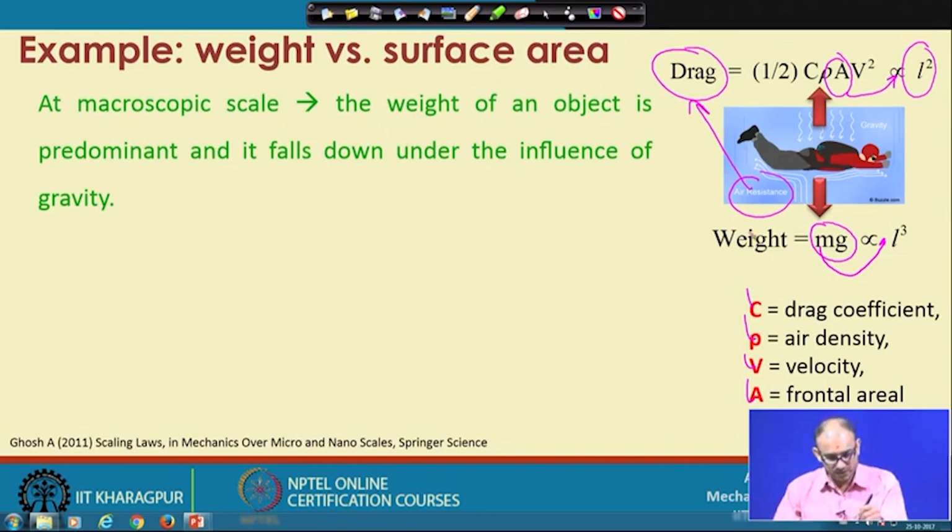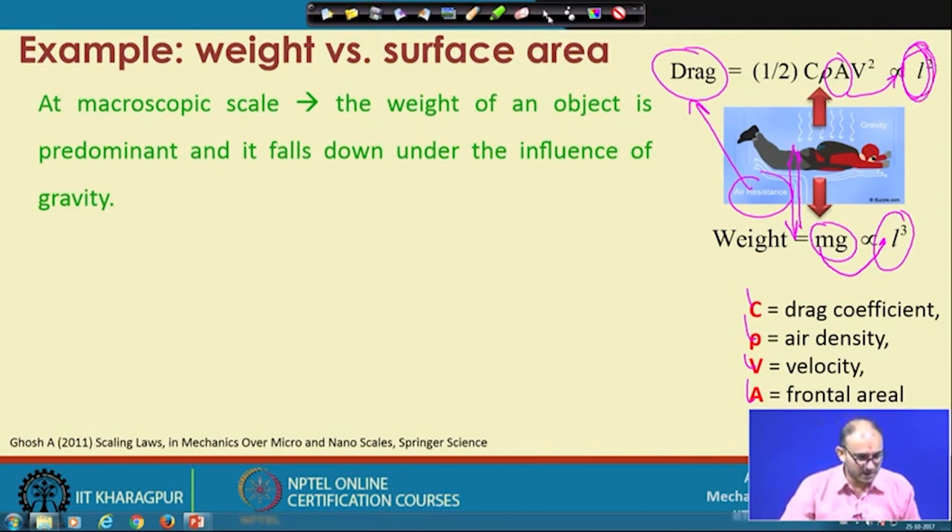So the weight scales as L cube and the drag scales as L square. That means the force pulling the person down scales as L cube, and the force pushing the person upward scales as L square.